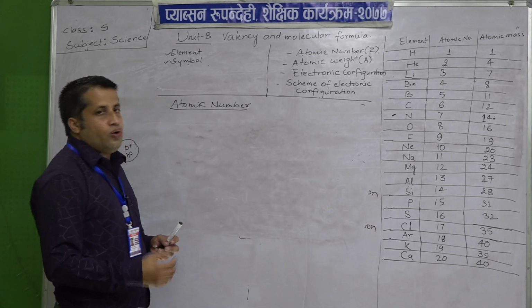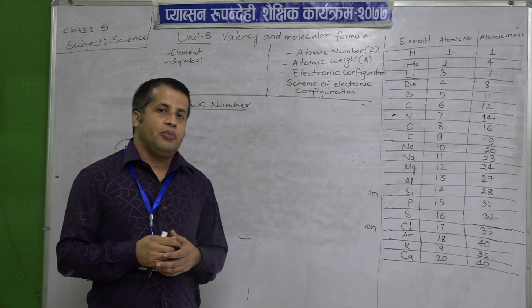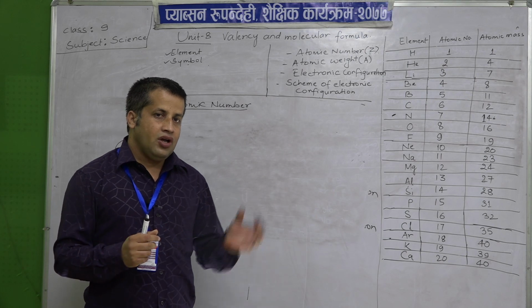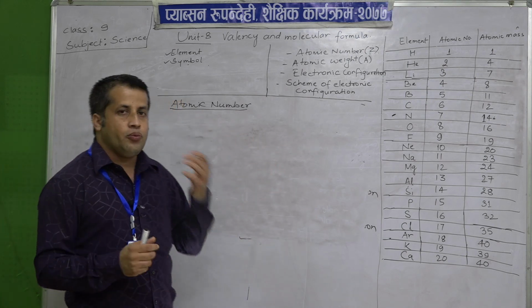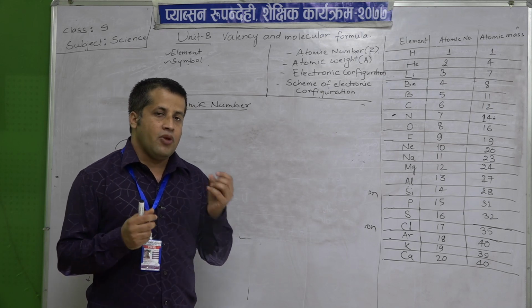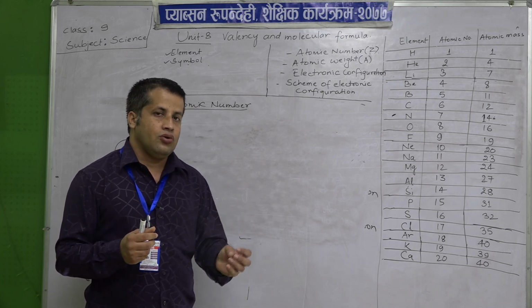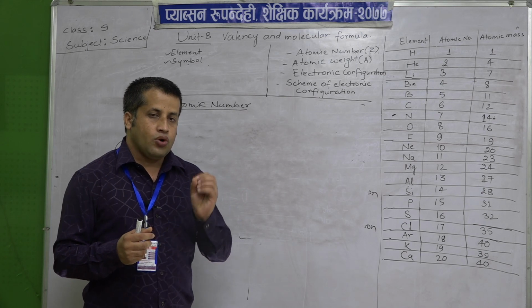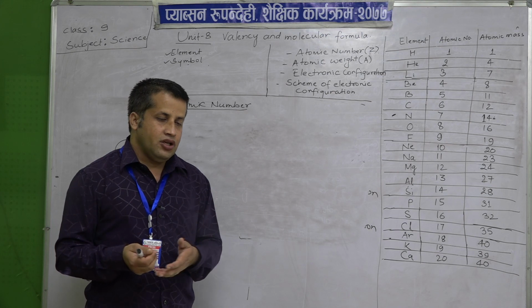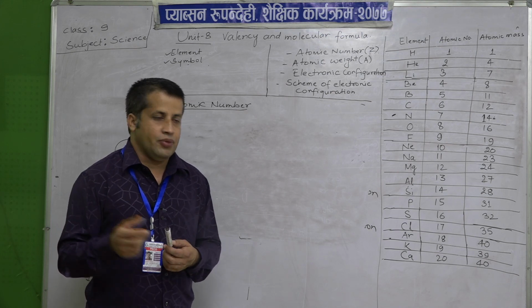If we know atomic number and atomic mass, we can determine the number of protons, electrons and neutrons present in an atom. It can be demonstrated by an example.